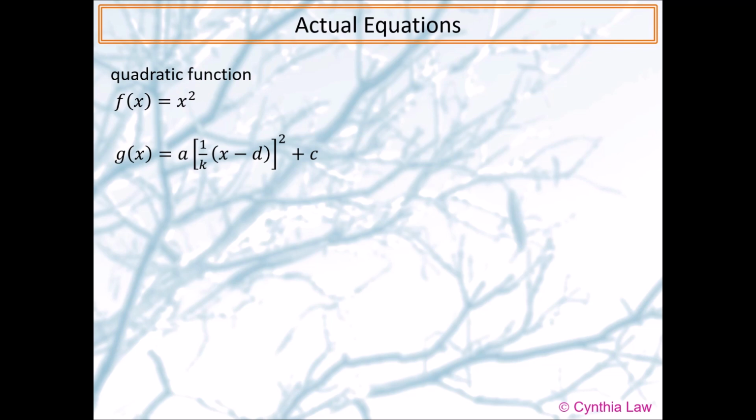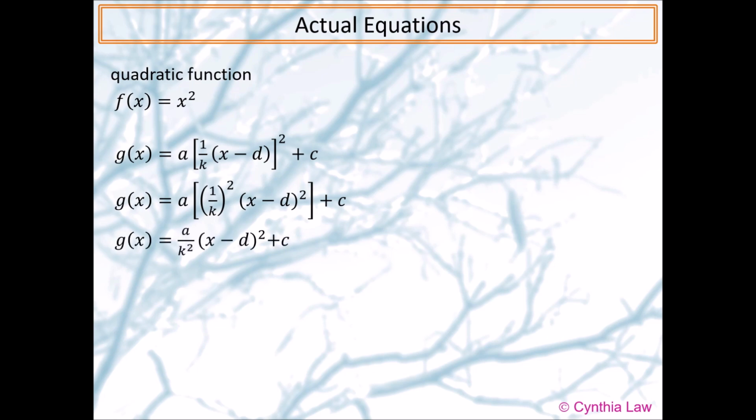So reminder, once again, this is not function notation because f is not there anywhere. This is the actual equation for g(x). So we're going to simplify it just like how we simplified the linear function before. First, I can square 1 over k and I can square x minus d separately.